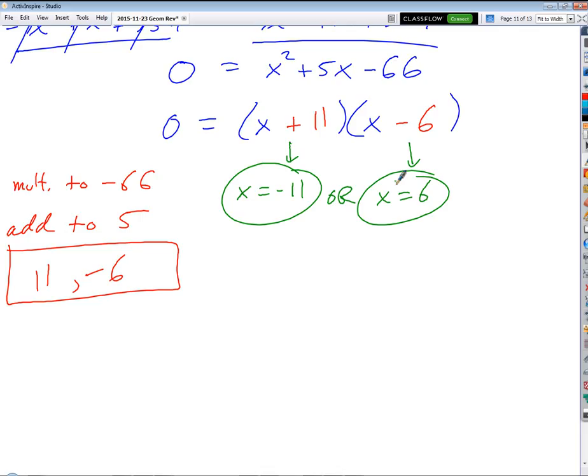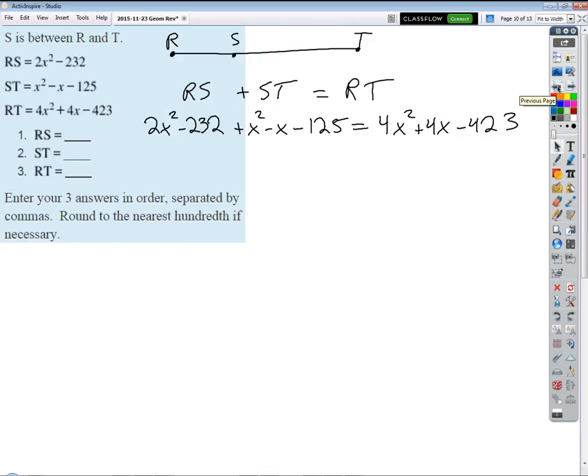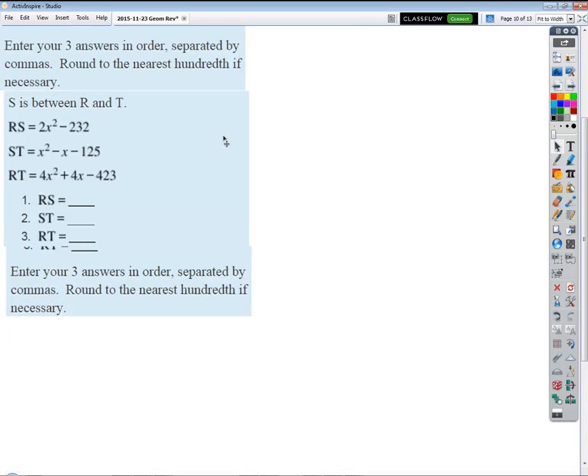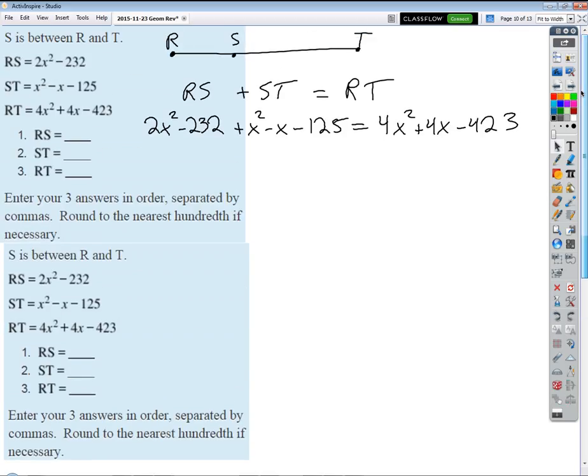So now I've just got to go back and test those out and see which one of those works in the geometry situation. Now we're done with the algebra. Those are my algebra solutions. So let's go back. So now we've got to try them out here, same problem. What were they again?